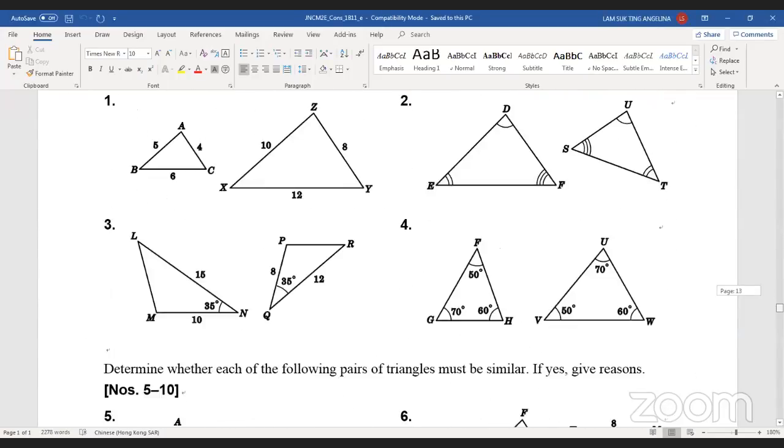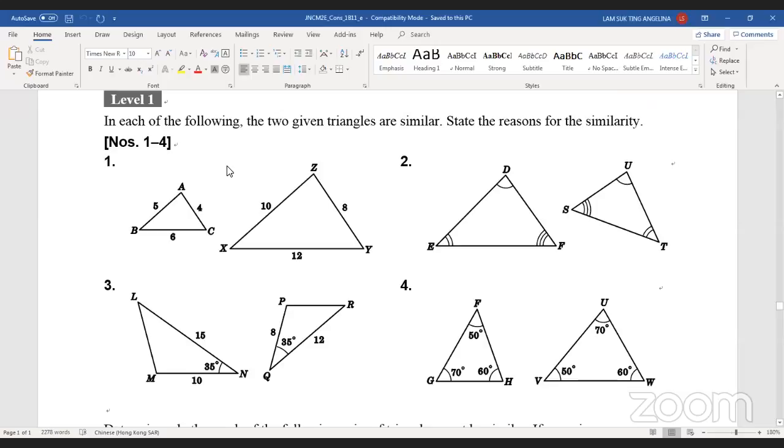Now, in this case, in each of the following, you need to tell the reason after looking at the information why you know that they are similar. Okay. Now, usually if we do it in details, you need to really know which two sides are corresponding.